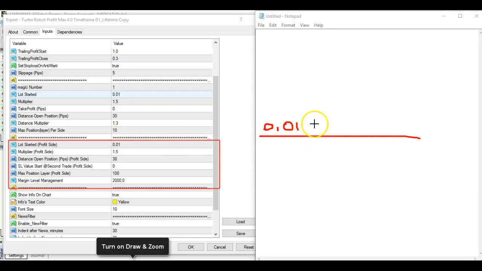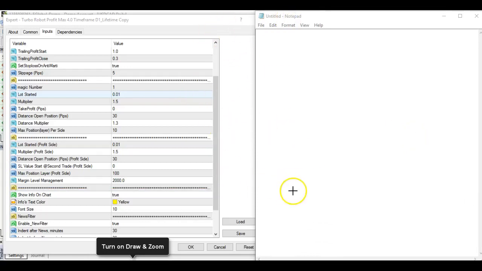So next, let's say you're on 0.1. So what is the concept of this? Okay, I will erase first and I will do it again. Okay. Sorry. So let's say you started with 0.01.